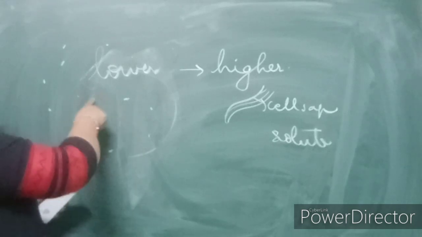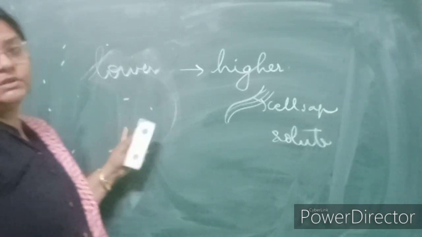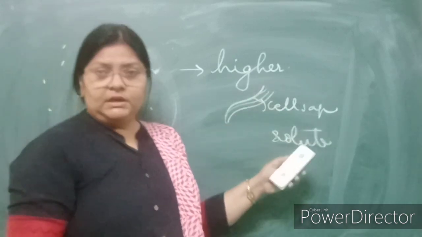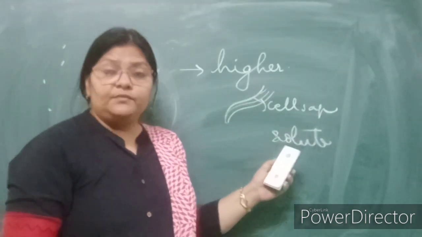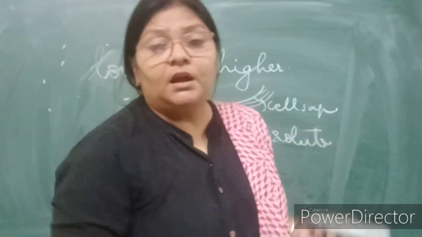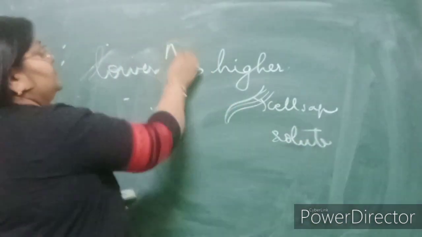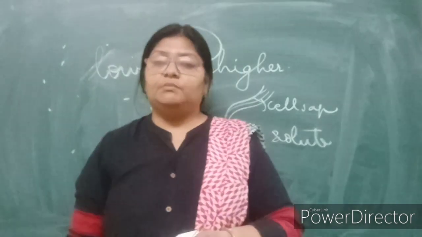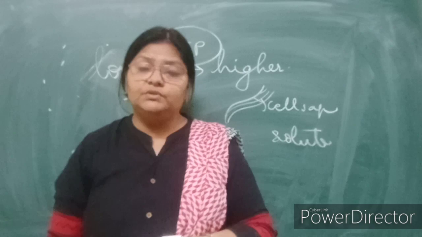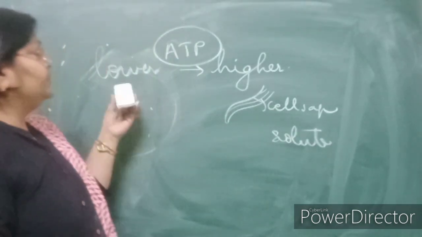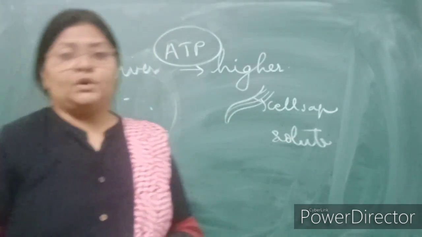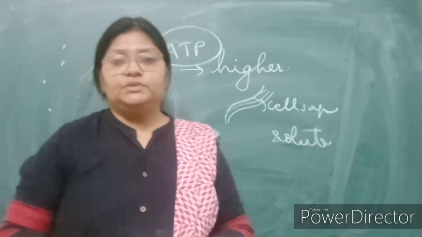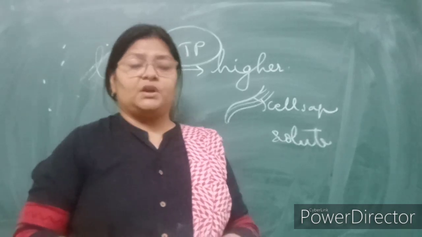The soil has minerals in lower concentration compared to the plant, the root hairs. Therefore, it requires energy. Now, how does the plant get energy? It uses the ATP, the adenosine triphosphate energy molecules, which are produced during respiration, to pull the minerals from the soil from the lower concentration to a higher concentration using energy, that is active transport.